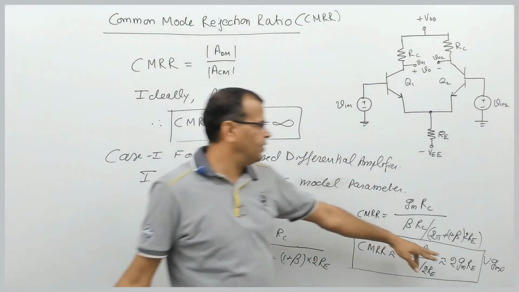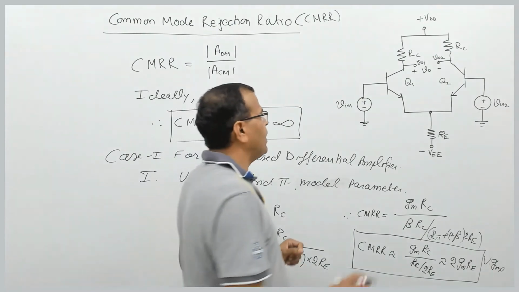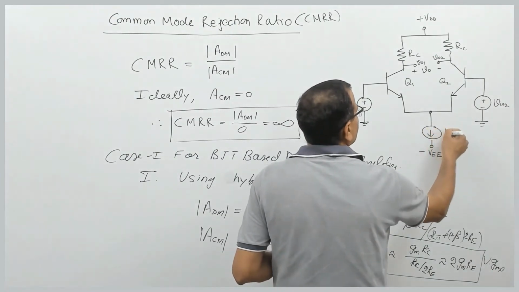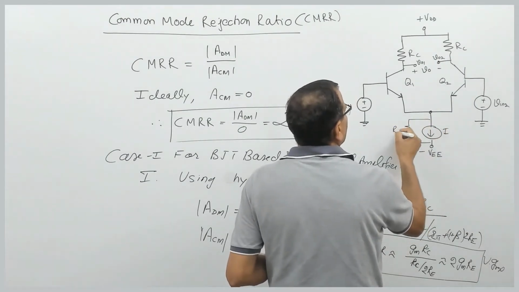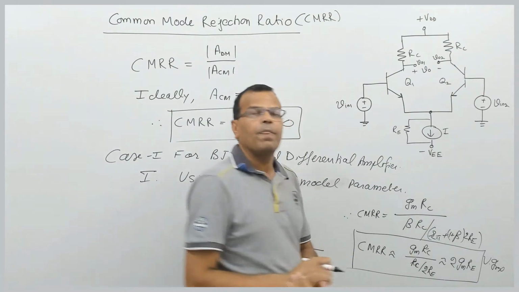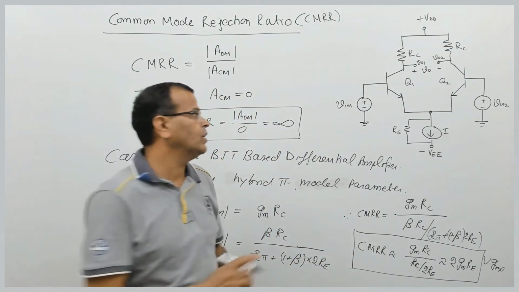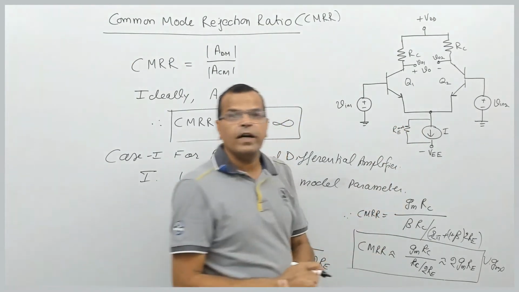First, by increasing RE, or that can also be increased by connecting a current source here. Ideally, if you know, current source is represented by a resistance in parallel like this. This is a non-ideal current source, and ideally the resistance of current source is infinite.